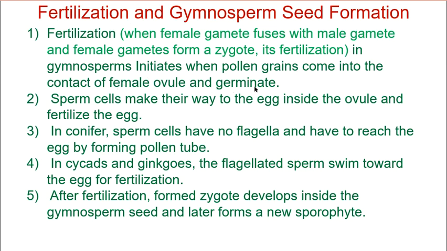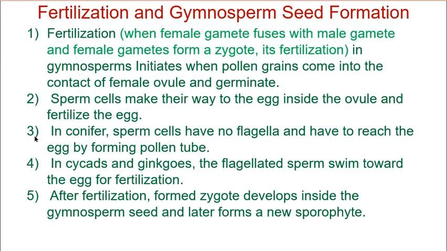Quite obvious, fertilization will be initiated only when a pollen grain comes into contact with the female ovule and germinates. Secondly, sperm cells make their way to the egg inside the ovule and fertilize the egg. The second point is also very obvious.